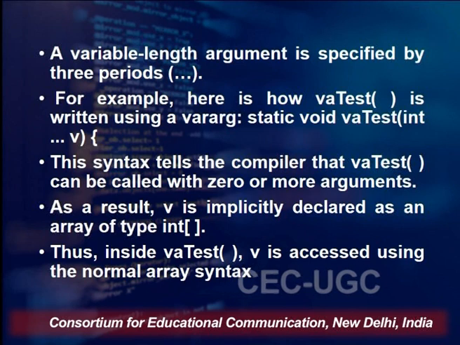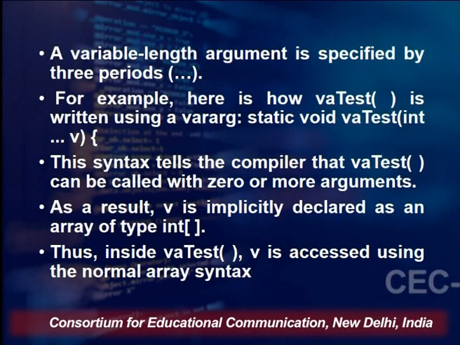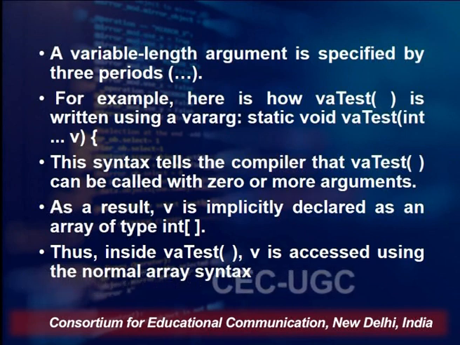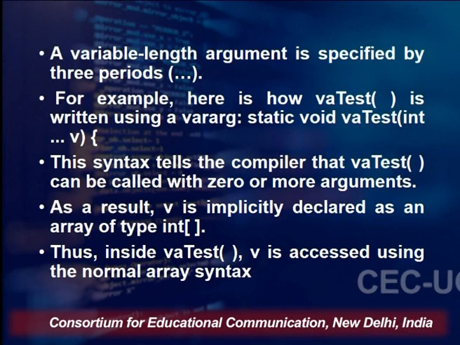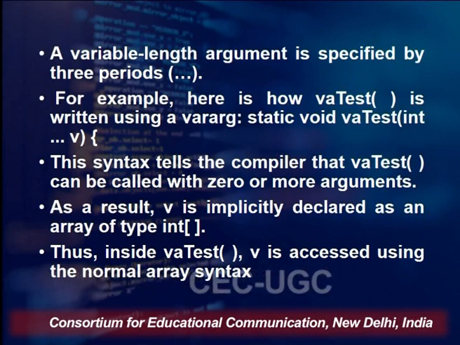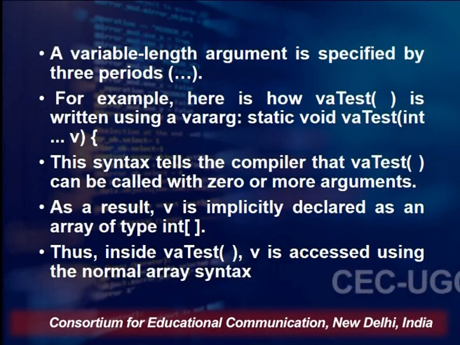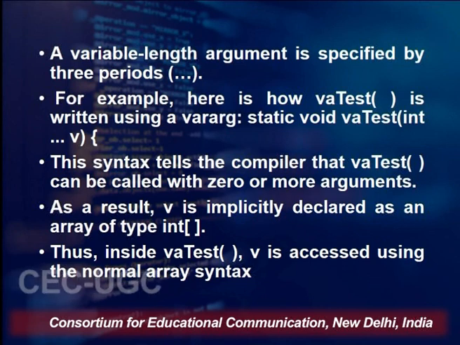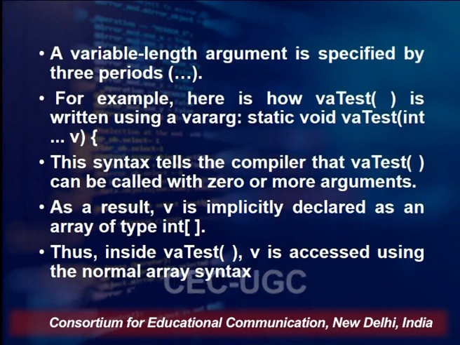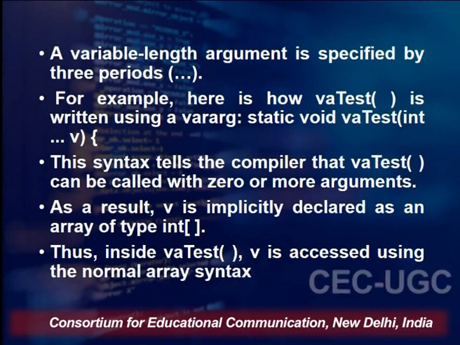This essentially means that varTest is a method which is returning void. It is a static method. It is taking integer arguments, whose name is v and type is integer, but the number is not defined, because after int we are using dot dot dot and then v. This syntax tells the compiler that varTest can be called with either 0 arguments, or 1 argument, or 2 arguments or more.